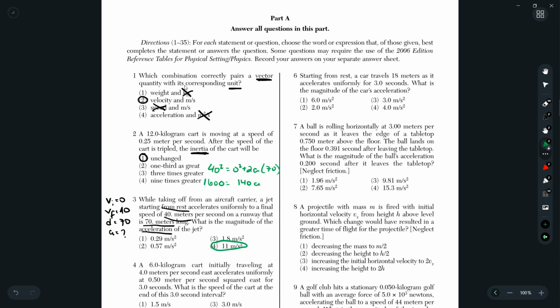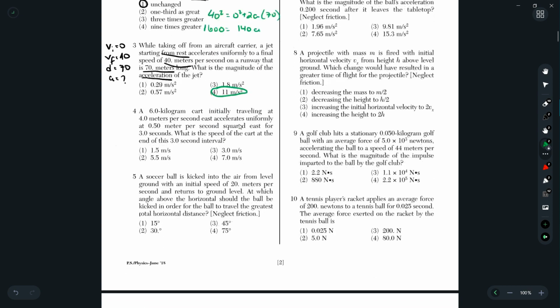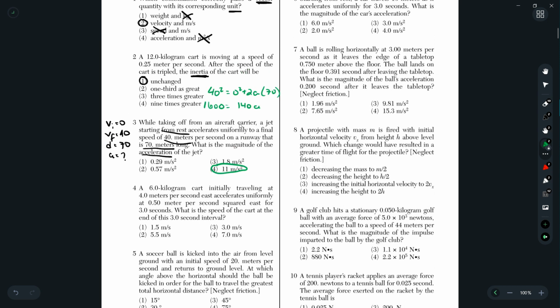It's going to be 11 meters per second squared. Let me check my math with a calculator. 40 times 40... yeah, 11.4, so it rounds to 11.